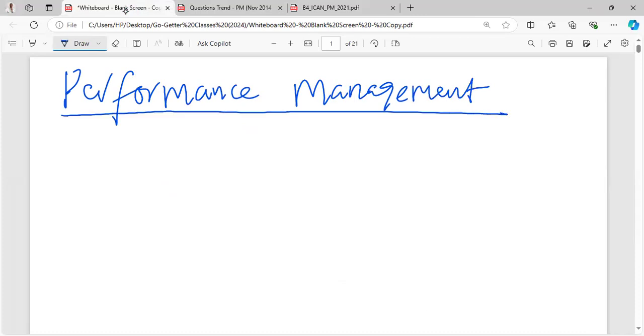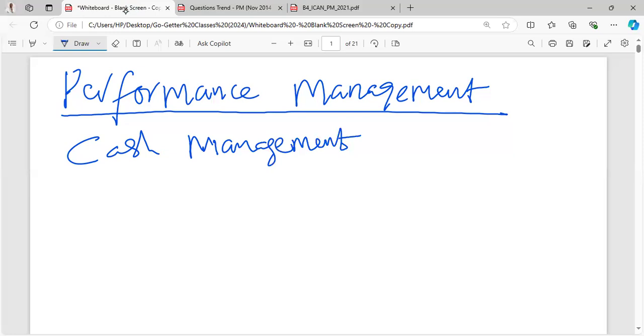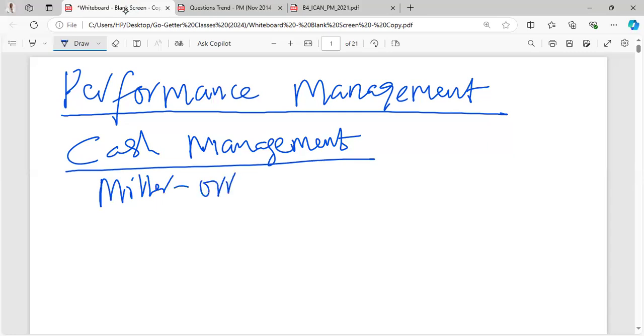So this is cash management. So we have the Miller-Orr model.